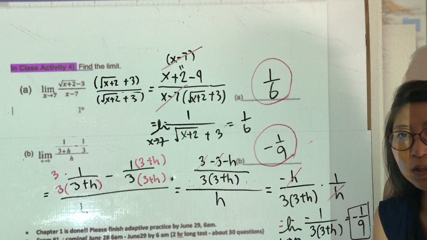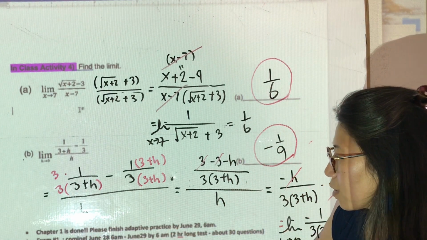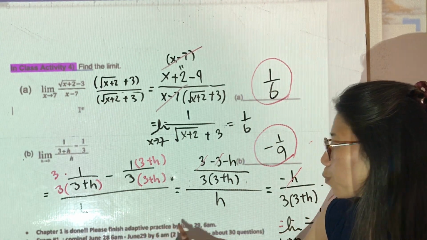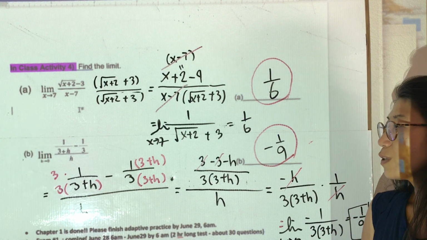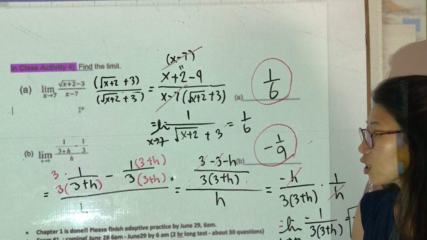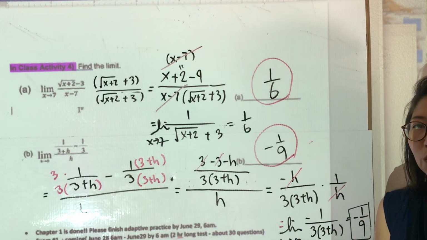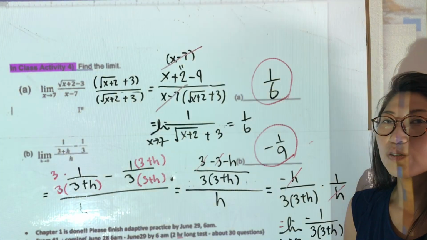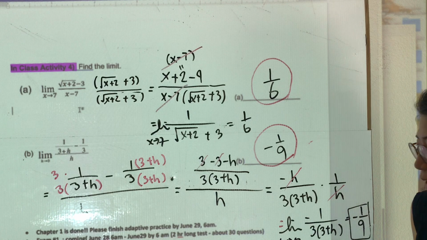So we actually finished chapter 1. Yeah, chapter 1 is done. And please finish the adaptive practice by June 29th. Since we finished chapter 1, just keep doing adaptive practice as much as you can until you can impress you and me. So that's going to be by Monday, June 29th.